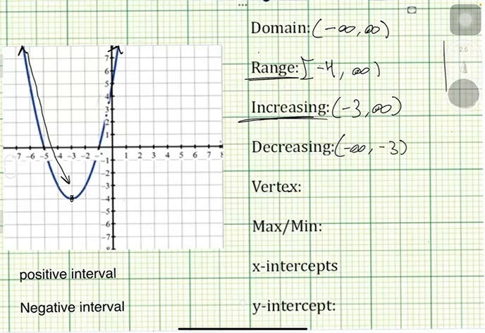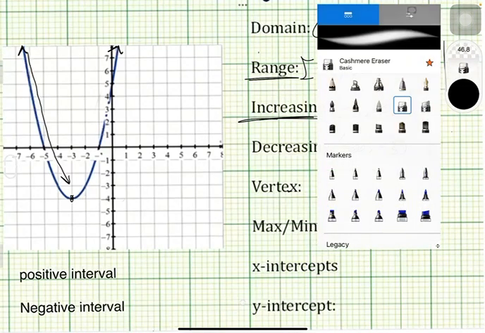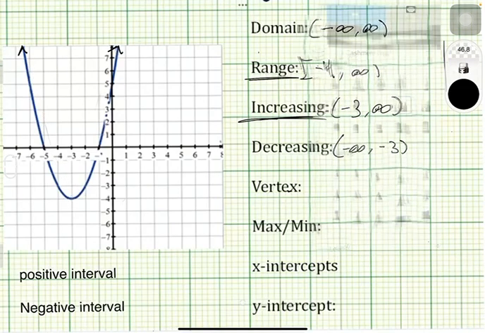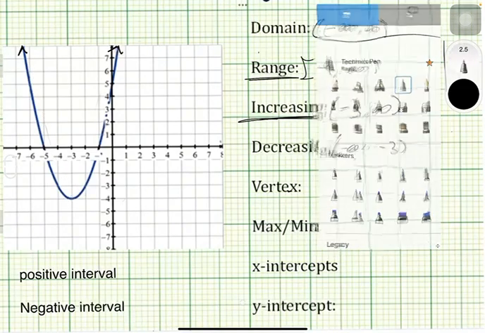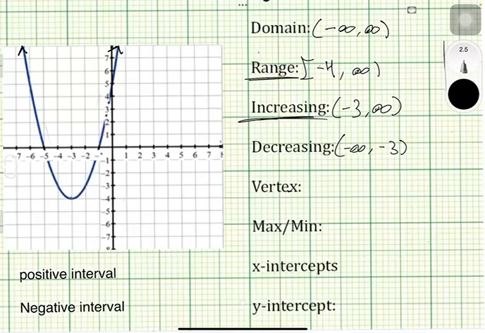We were talking about the vertex before that. So what is the vertex? The vertex is the point where the value shifts. As you can see, it decreases until it hits the vertex and then it changes. For the vertex, you need the x and the y.